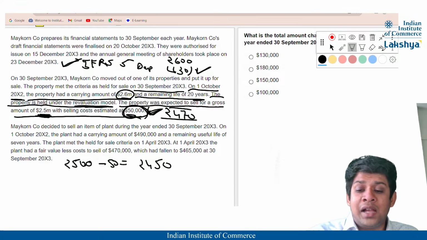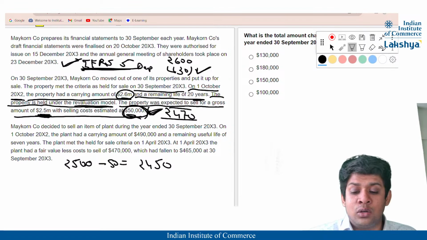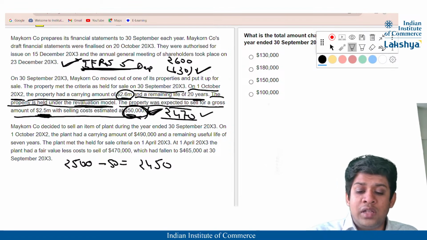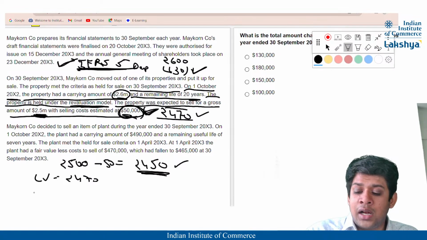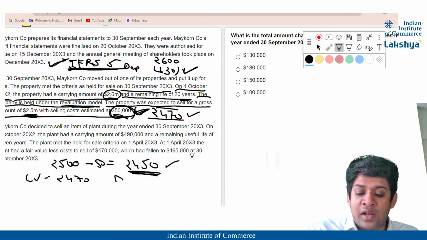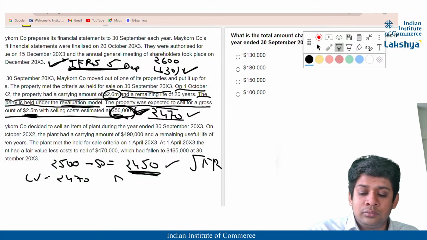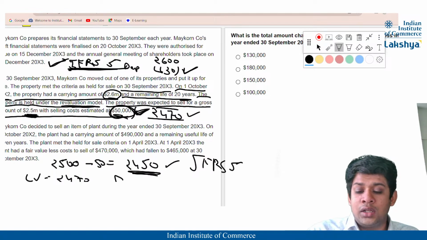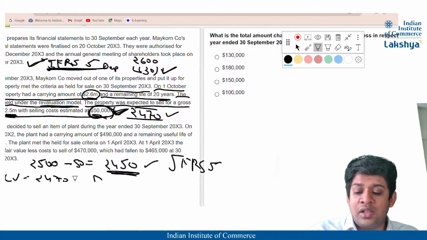So for the full year I charge depreciation, and also what else will go to P&L? Now I have to take my asset under IFRS 5 at lower of carrying value and fair value less cost to sell. So the lower of these two amounts is this amount, correct? So my carrying value is 2470. When I take my asset as held for sale under IFRS 5, I will have to take the lower of these two, and its carrying value was 2470.